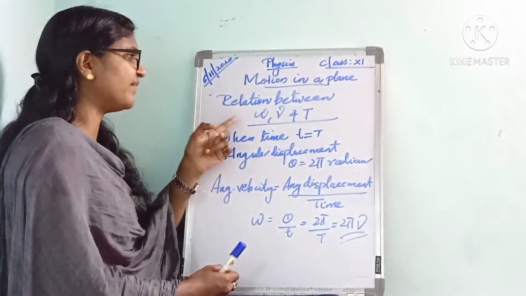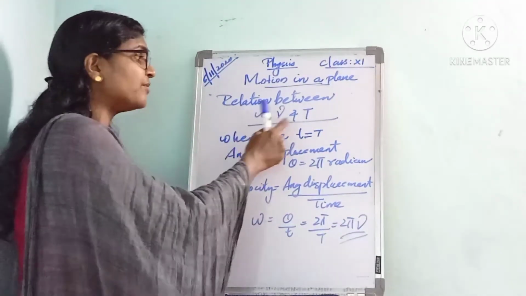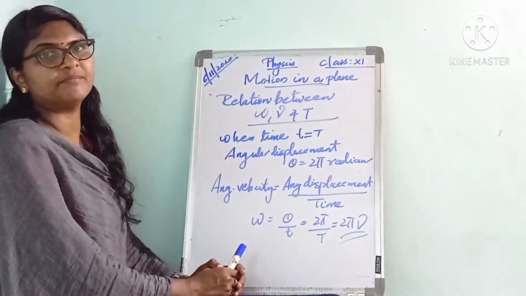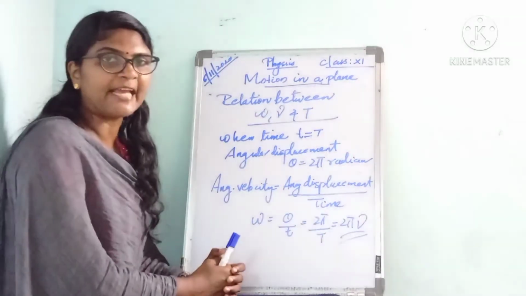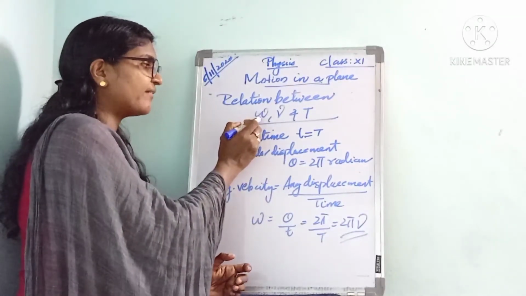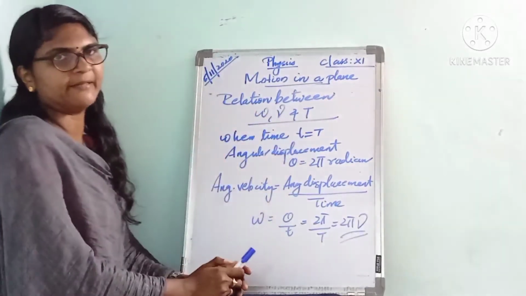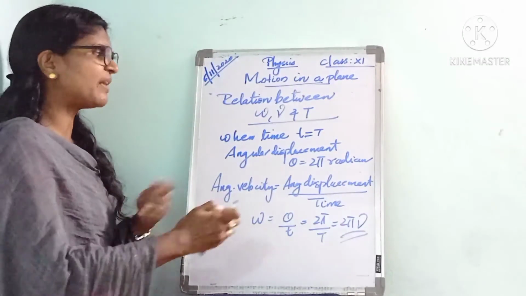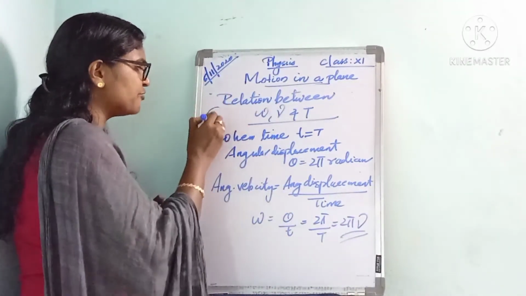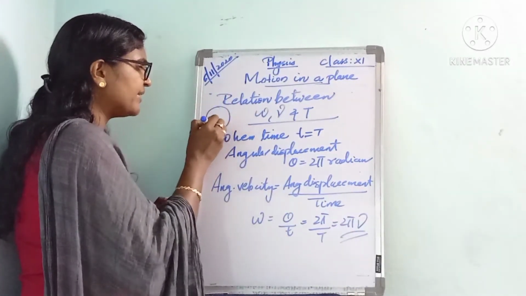Next, the relationship between angular velocity, frequency and time period. We are going to derive the relationship between angular velocity omega, frequency nu and time period T. Suppose the particle completes 1 revolution around the circular path.